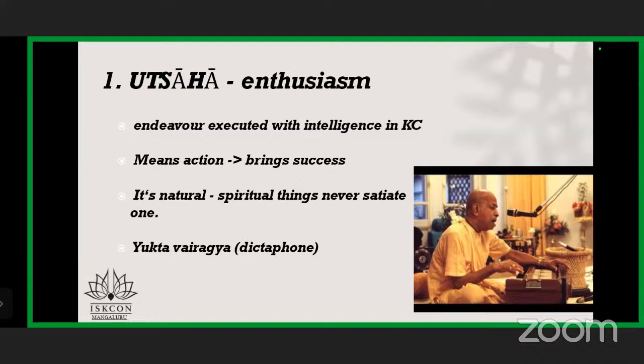So that's the thing here, Yukta Vairagya. You have lots of money. You have dollars of money, many pounds you have. Then give it to Krishna. Lakshmi belongs to Krishna, so you should give it to Krishna. Although it's very difficult for us to do it, still you think that you got this opportunity.